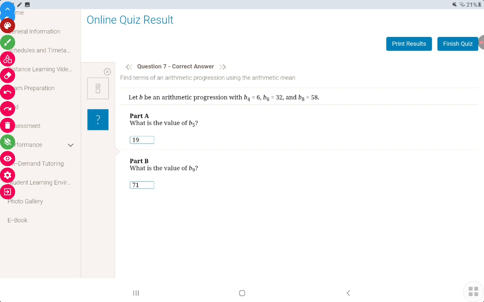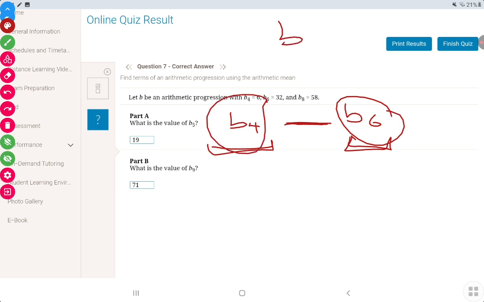Okay, here they want the value of b5. They gave us b4 and they gave us b6. We want to find b5. To find the number between two things, we just add up b4 plus b6 and divide by 2.